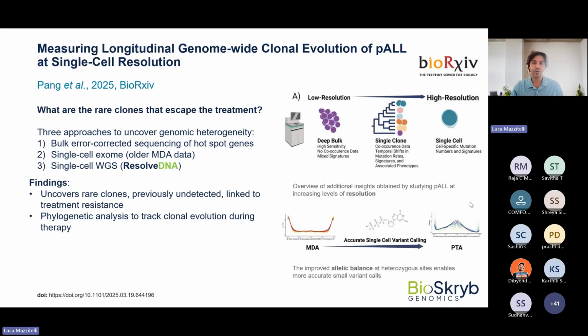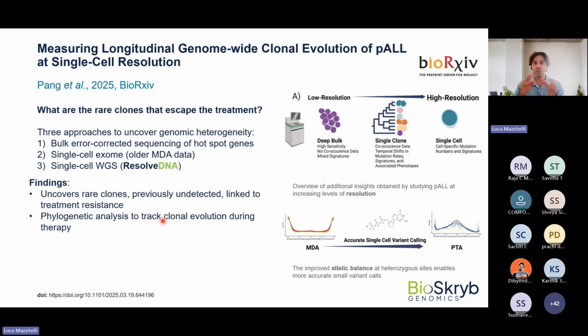Just to give you an idea of the amount of cells, from each patient they used around 100 single cells that were amplified around 10x for whole genome sequencing. This helped them to detect 1,000 up to 2,000 single nucleotide variants per cell, including minor clones that later dominated or expanded under treatment. So they were able in this way to uncover rare clones that were previously undetected, linked to treatment resistance.